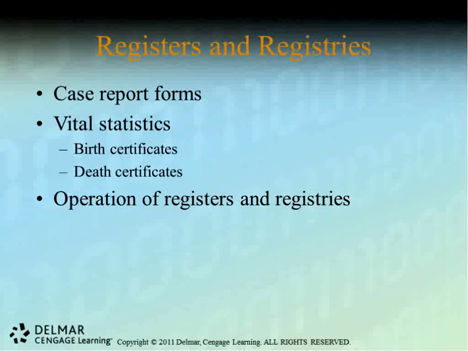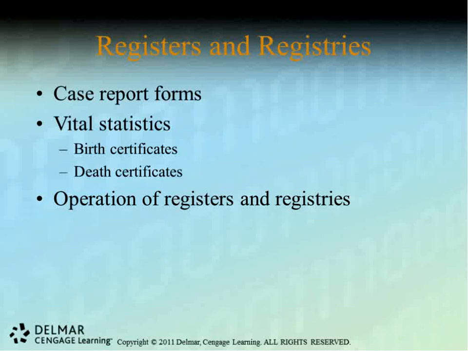All right, moving forward from indexes, we're going to look at registers and registries. Okay, so a register, and your registers and registries, they contain information about a particular disease or condition or event. And you have your healthcare facilities or agencies on the federal and state level, private organizations, all can maintain registers and registries.